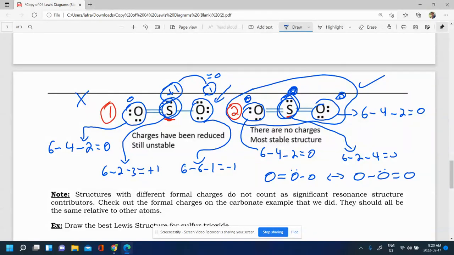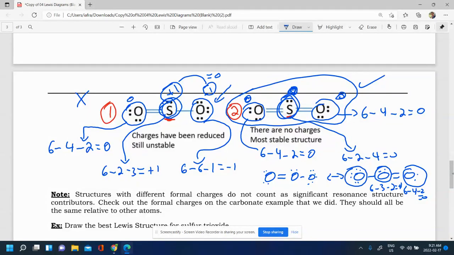So if we did our formal charges for something like this molecule here, just to test it out, let's put our dots there. For this, for example, you'll have 6 minus 4 minus 2, that's 0. For this one here, you'd have 6 minus 3, minus 2, that's plus 1.